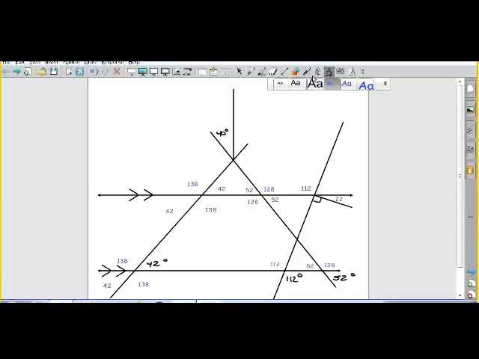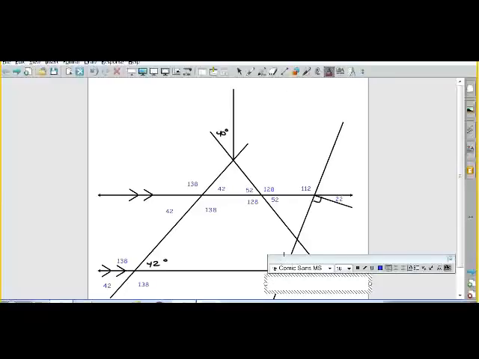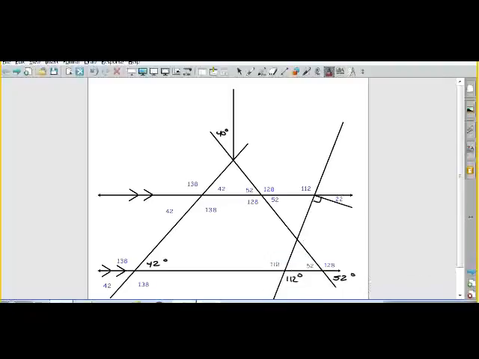So now we're going to move to Justin. So let's say these 2 angles right here. If this angle is 112, what is this angle right there? Tell me how to calculate this angle.